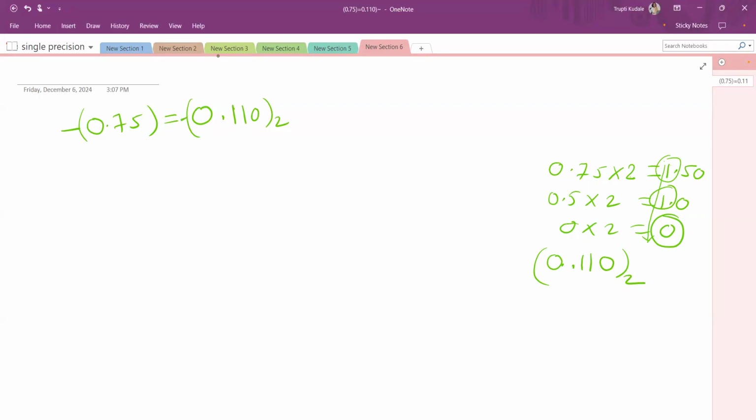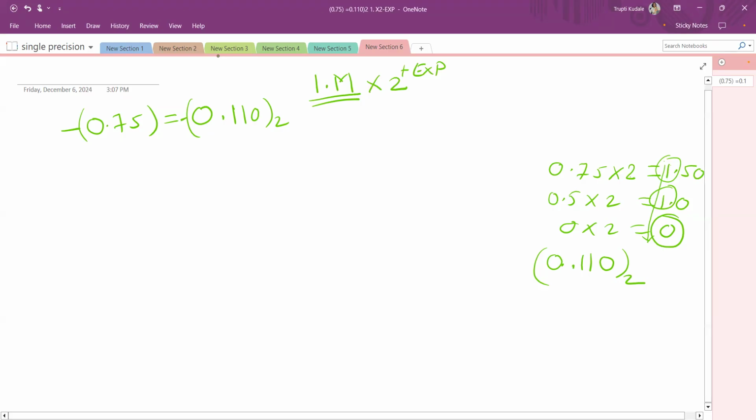Now, as I have said, a number will always be represented in a normalized form like 1.m into 2 raised to your exponent, positive or negative. And it will be followed by a sign, either plus or minus.